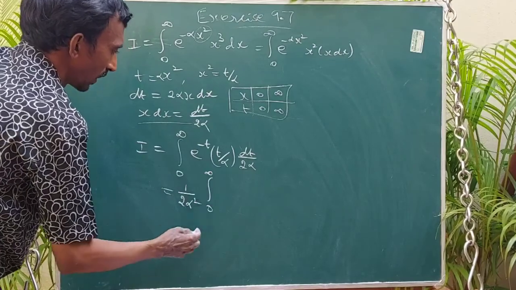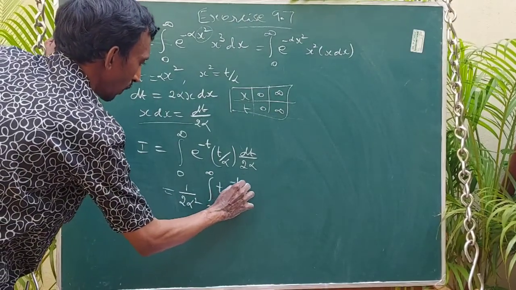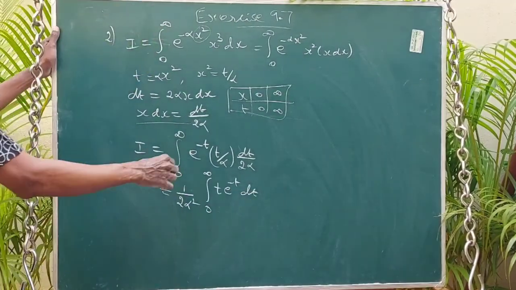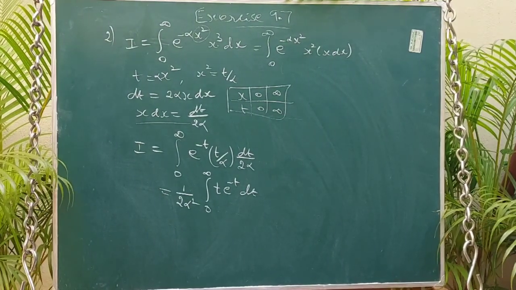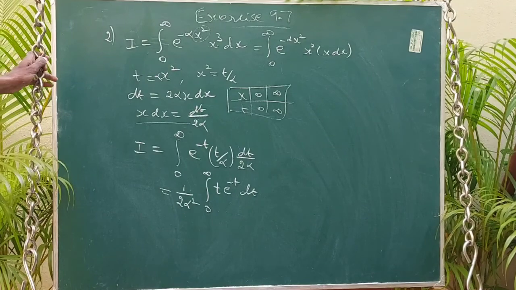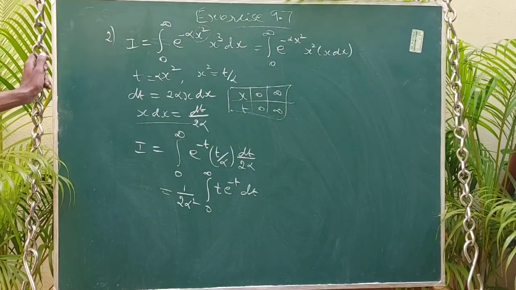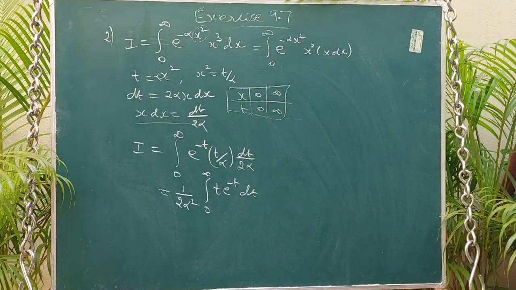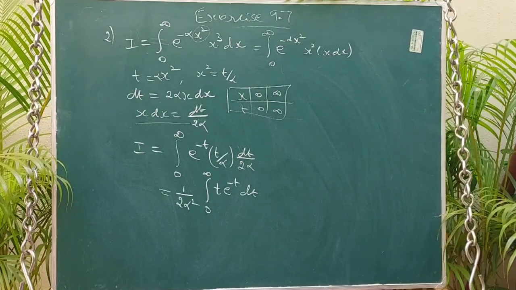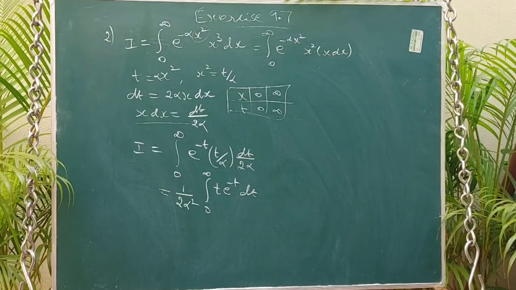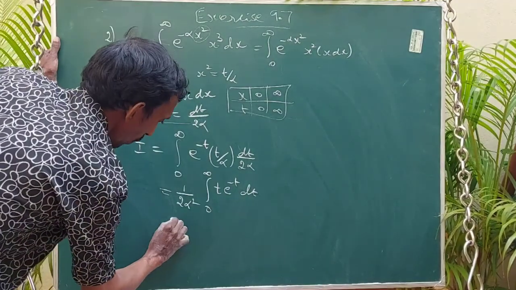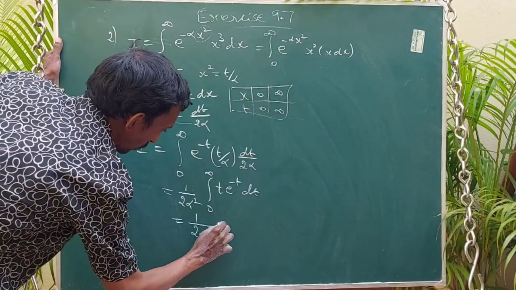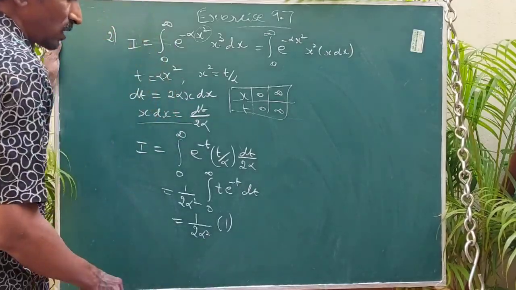Integral 0 to infinity t into e power minus t dt. Now it is of the gamma integral form. Integral 0 to infinity x power n e power minus x dx is nothing but n factorial. Here n is 1, so it is 1 factorial, which is 1. So 1 by 2 alpha square into 1.